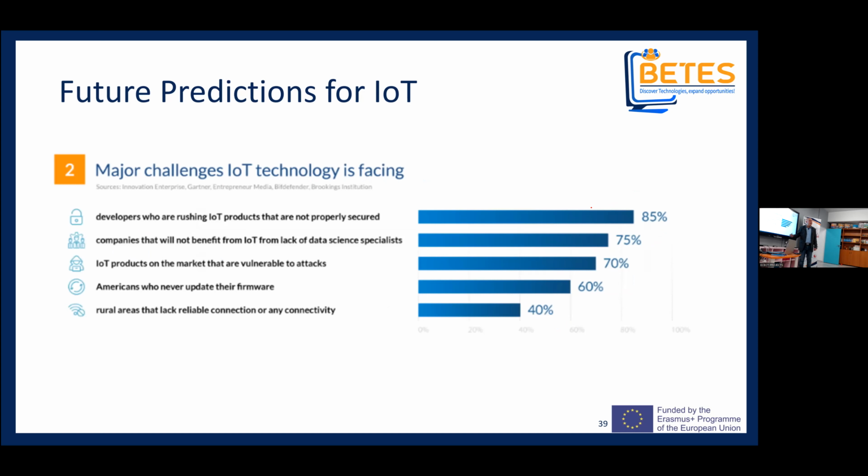So that big number means that developers are rushing to produce IoT products that are not properly secured. Everybody saw that we are going to have 75 billion devices, so we have to produce Internet of Things devices. So they produce these IoT devices, and they are not secure. So there are a lot of issues related to this.